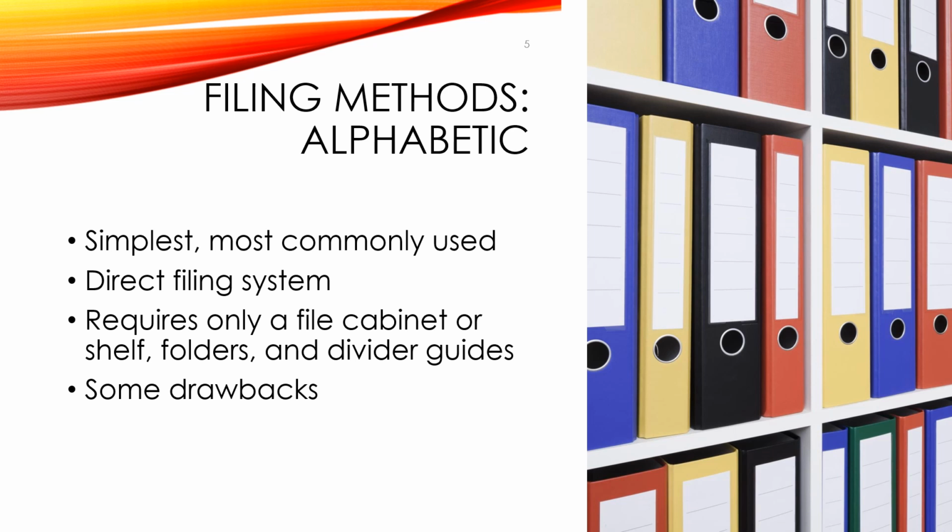Basically, you just follow the rules of indexing and put the files in order. The drawback is you need to know the correct spelling of a name. If the name is spelled incorrectly, it's going to get filed incorrectly.